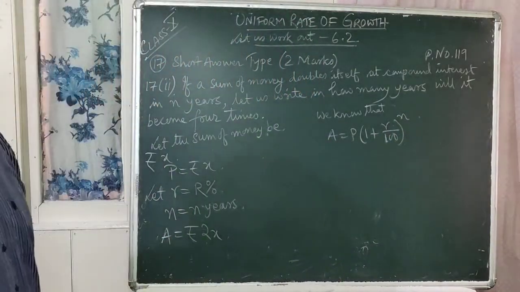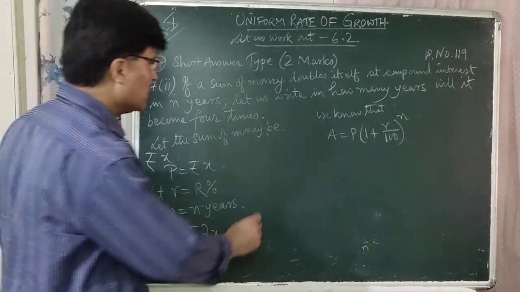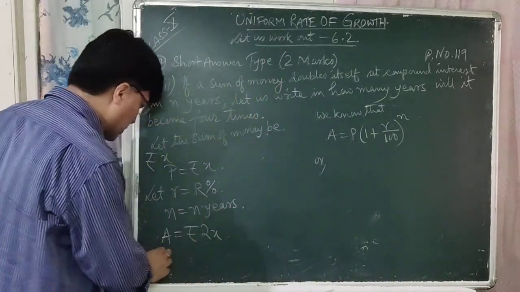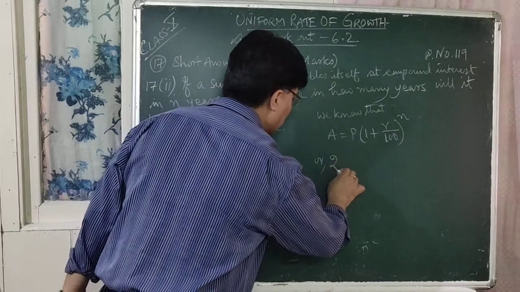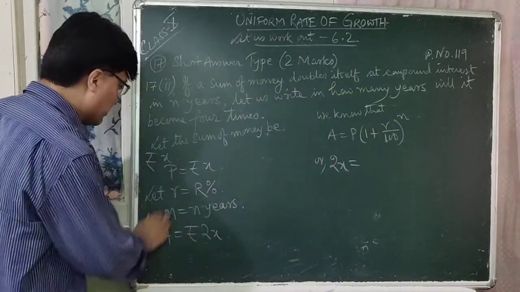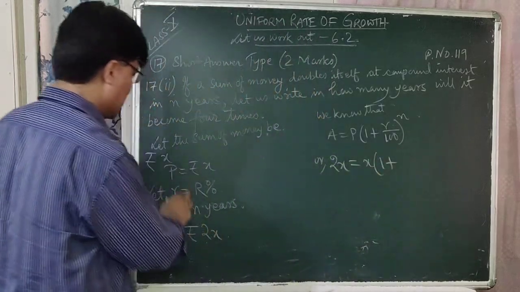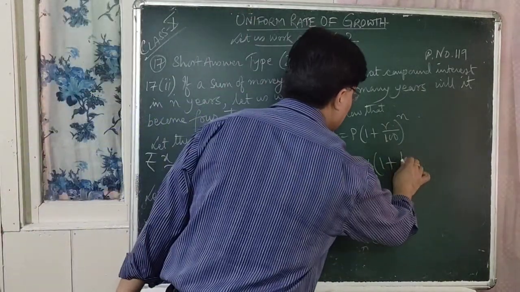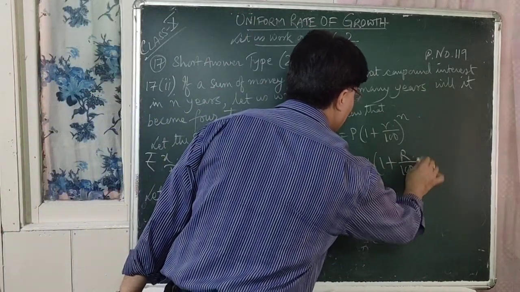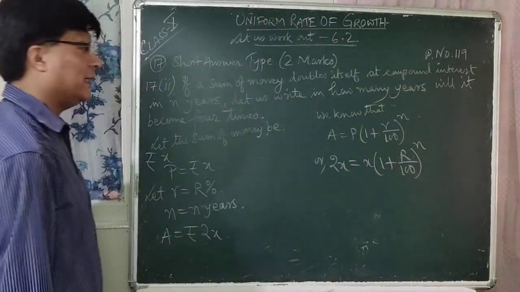This is the formula, right? So what is the amount out here? It is 2x. Write down 2x. What is the principal here? It is x within bracket 1 plus R divided by 100 whole to the power n.